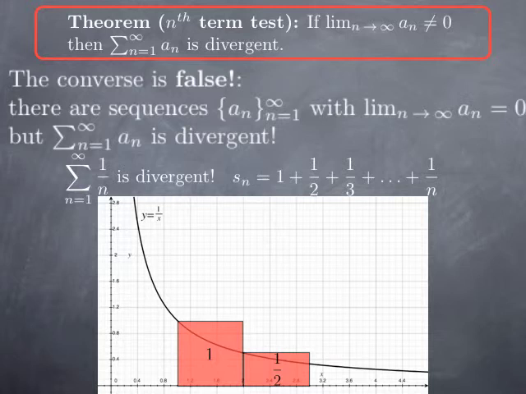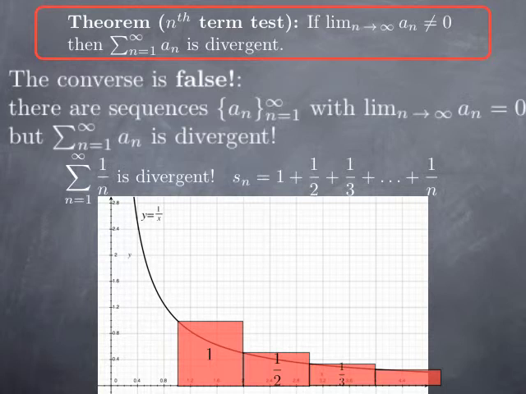And then I keep going that way. I look at a rectangle whose base goes from 3 to 4 on the x-axis, and the height is given by the value of the function at the leftmost endpoint of the interval, in other words, at 3, and therefore it has area 1/3. And I can keep going this way. So in this particular picture, I have just added 1 plus 1/2 plus 1/3 plus 1/4.